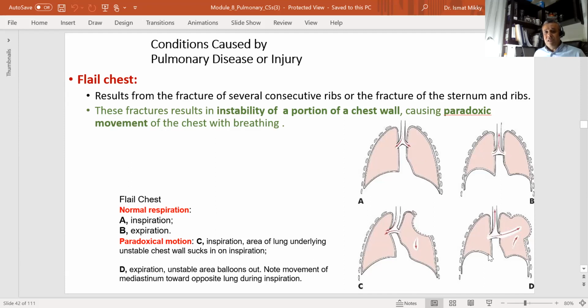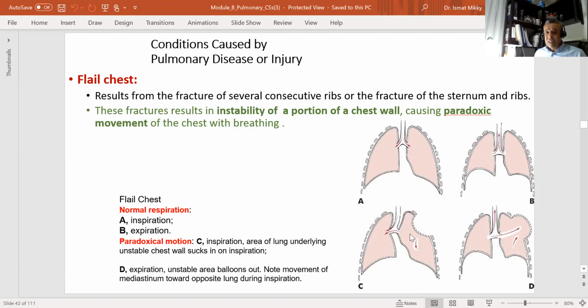Now, C shows the paradoxic motion. During inspiration, the area of the lung underlying the unstable chest wall will be sucked in. And then D, expiration: the unstable area will balloon out. So that's called paradoxic motion.